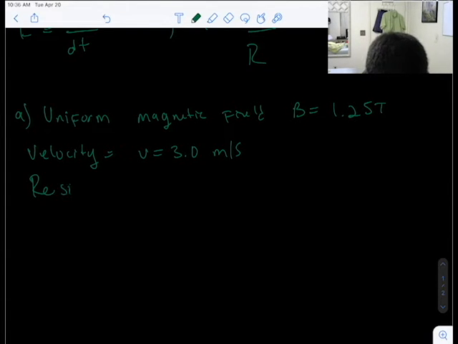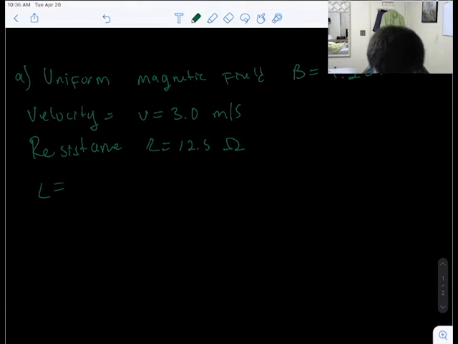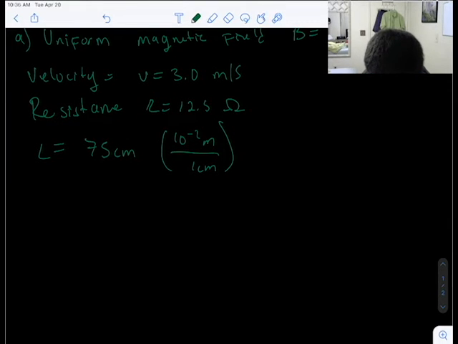Resistance is also given, R equals 12.5 ohms. Sorry about that. And then we're converting the length, which will give us 0.75 meters.